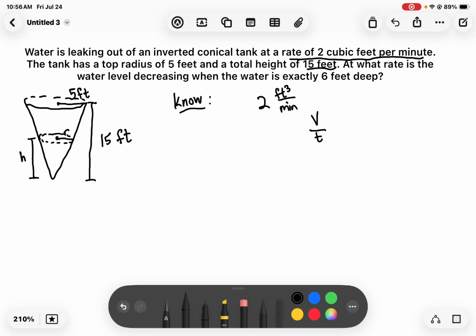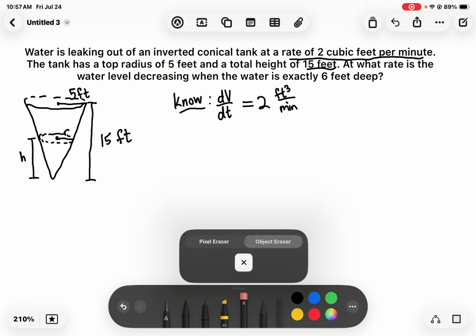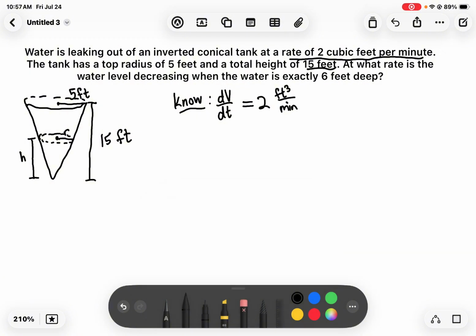So you have volume over time. So basically, 2 feet cubed per minute is equal to dV/dt. So we know that dV/dt is equal to 2 feet cubed per minute. And now, what do we want?